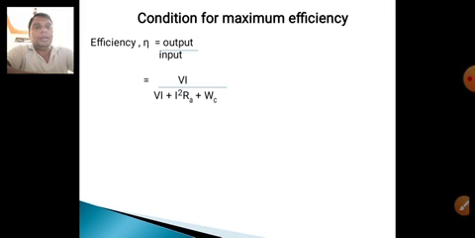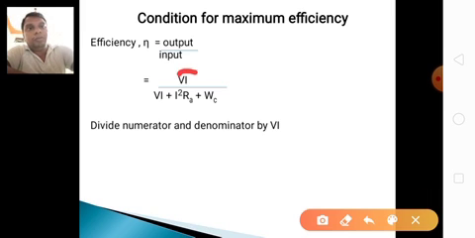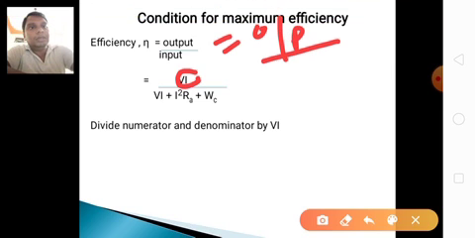Efficiency is output by input. The output is VI, and the input equals output plus loss, so again the formula is output by output plus loss.